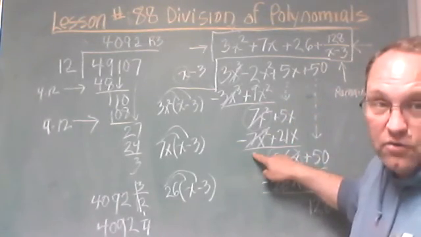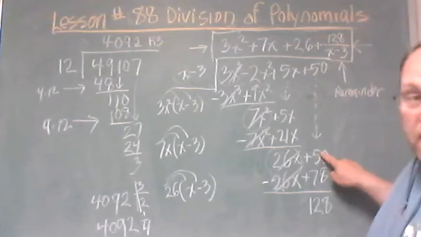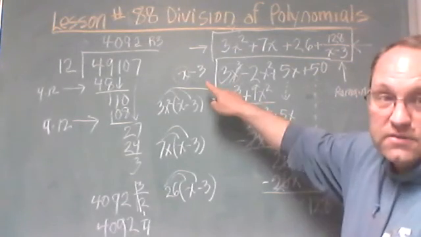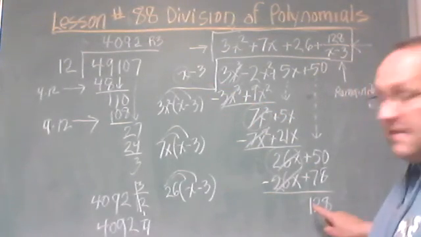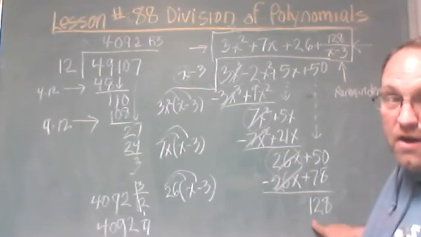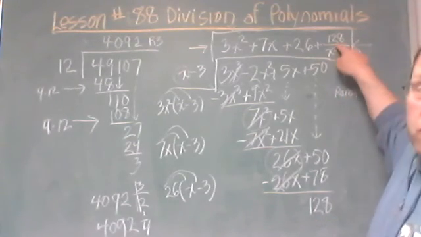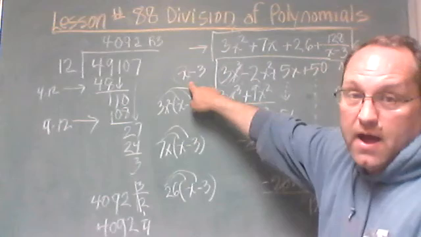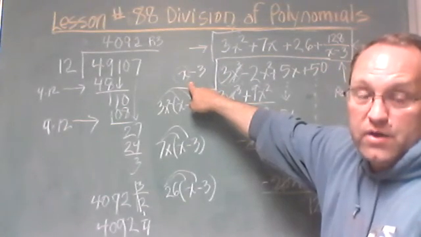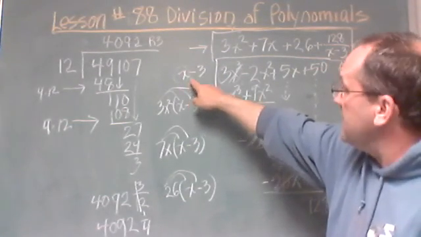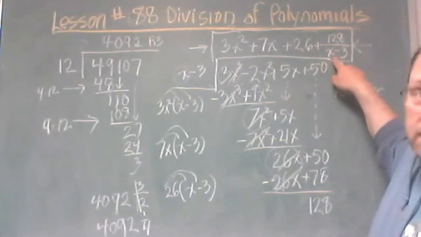Start the process all over again. Drop down your next term. Start the process all over again. And then finally, express any remainder as that remainder number in the numerator divided by what you were dividing by originally in the expression. In this case, x minus 3 goes in the denominator.